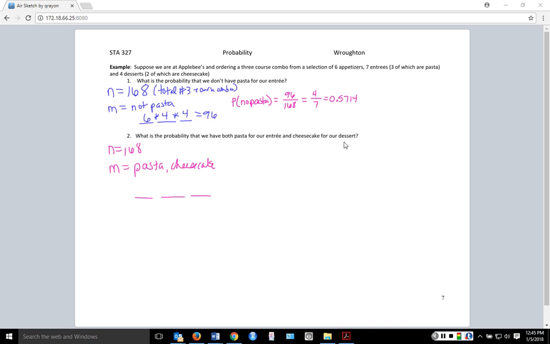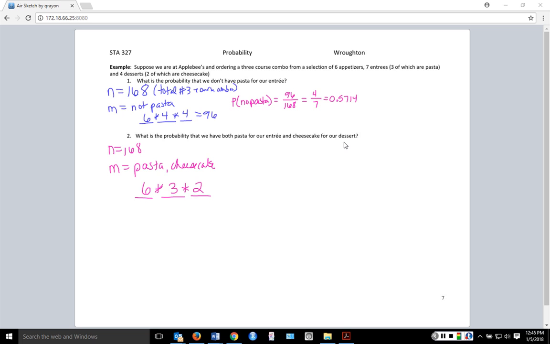Well, the pasta and cheesecake had nothing to do with my appetizers, so I can pick any of my 6 appetizers that I want. Now, how many entrees can I pick? Well, it has to be pasta. 3 of them are pasta. So I have 3 different entrees I can pick from. For my dessert, I want cheesecake. Only 2 of those are cheesecake, so my option there is going to be 2.